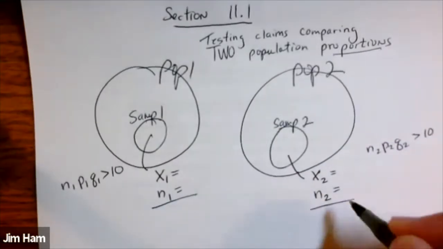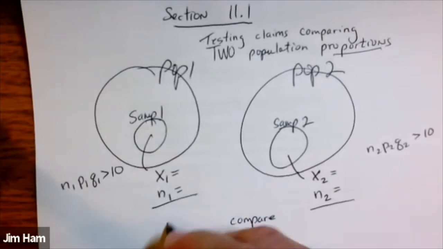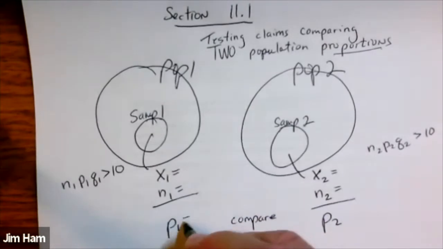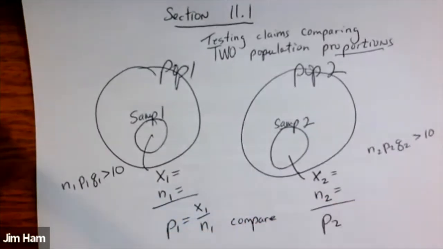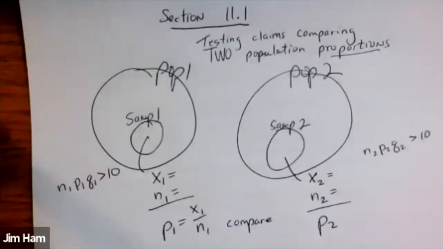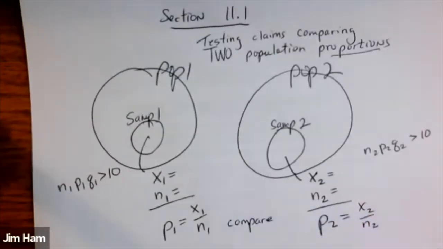Then, to see if there's a difference, we're going to compare P1 with P2. P1 is found by calculating the sample proportion of the first sample in the same way that we've normally calculated it, and then P2 is X2 over N2.